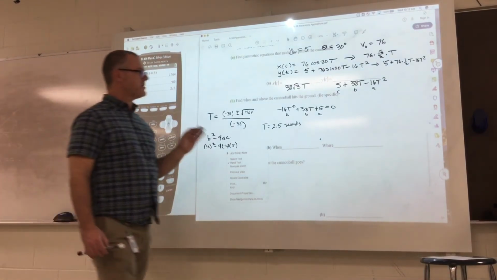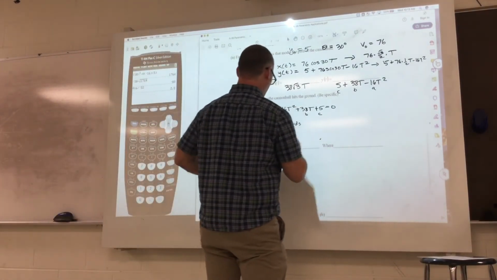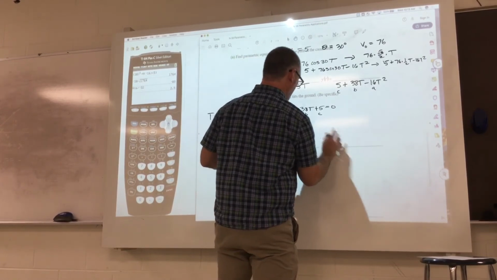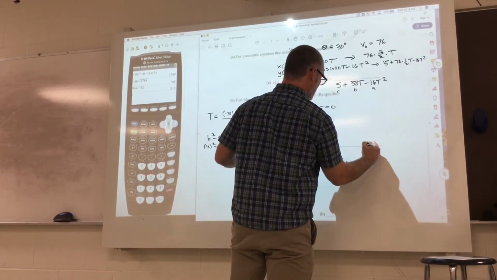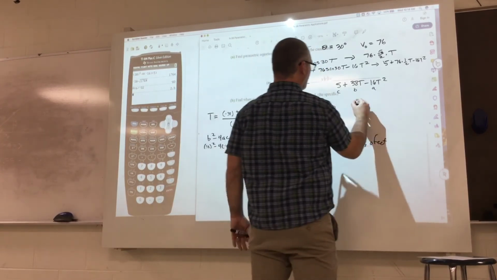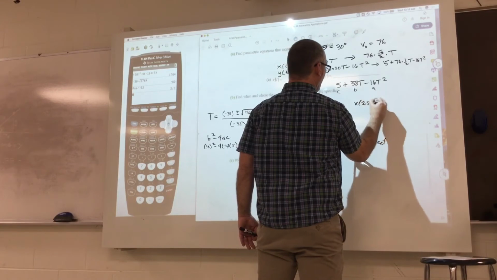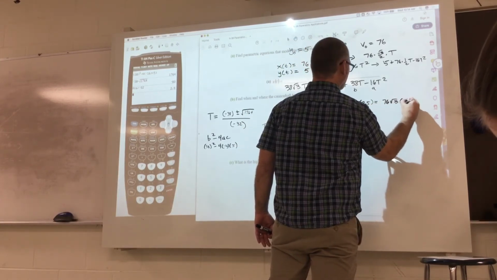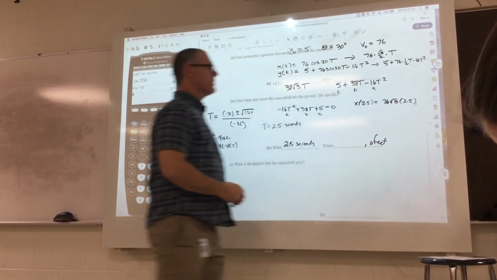All right, so what should be the height? What don't you know? So we need to plug in 2.5 into the horizontal. So it's going to be x of 2.5 equals 76 root 3 times 2.5.